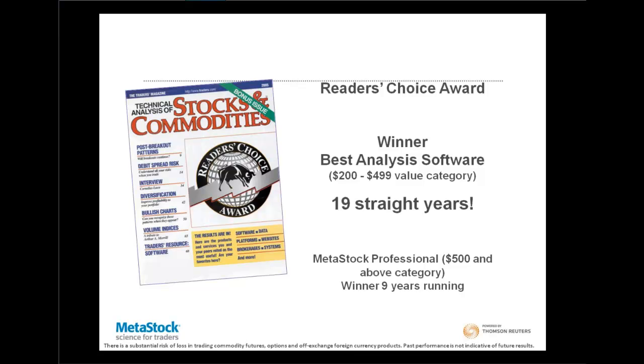Everybody that subscribes to this magazine, and I would recommend it, it's an awesome magazine, votes for their recommendations or what they like. 19 years in a row we've been their favorite software program in the price category that we sell. So we're proud of that. We're proud of our heritage. We're proud of what we've done.